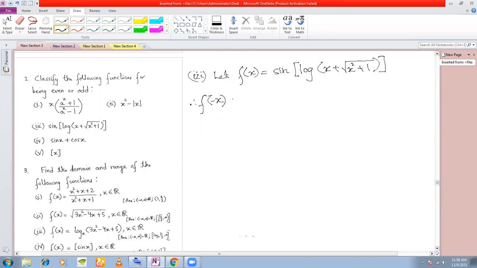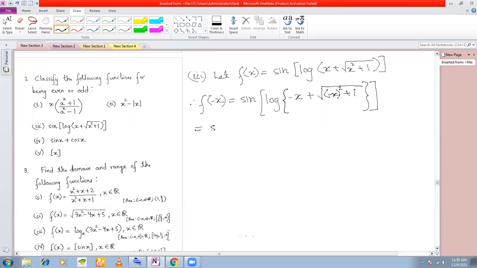f(minus x) is equal to sine of log, where you replace x by minus x. Let me give a curly bracket here. Right?